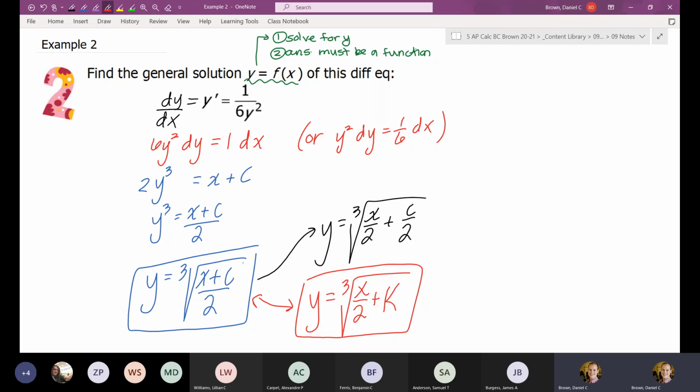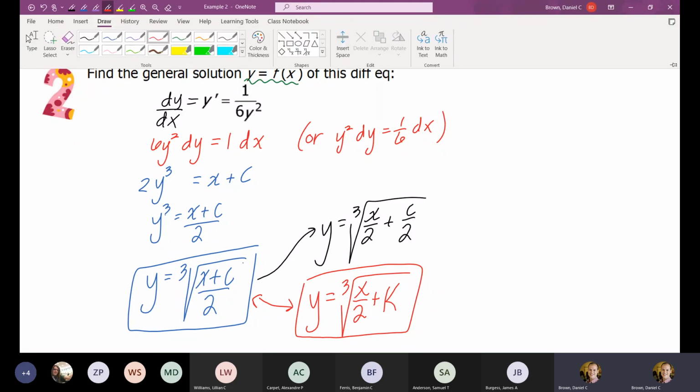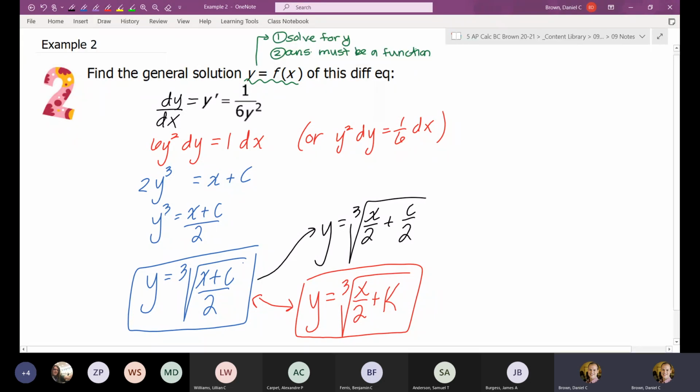Now, I do often see students try to rewrite it and they do it incorrectly. So I do want to show you a wrong answer I often see, just to make sure you don't do it. A wrong answer I see is people write the cube root of x over 2, and they'll put their added constant on the outside.